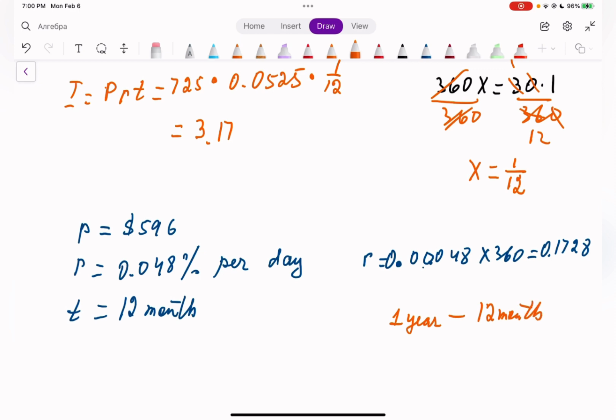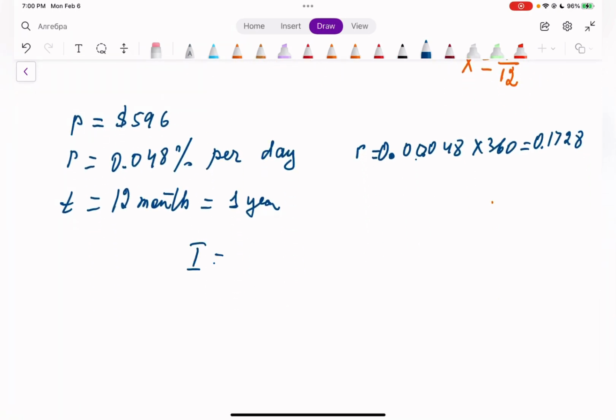And we have 12 months. So it's still going to be 1 year. Therefore, 12 divided by 12 is equal to 1 year.